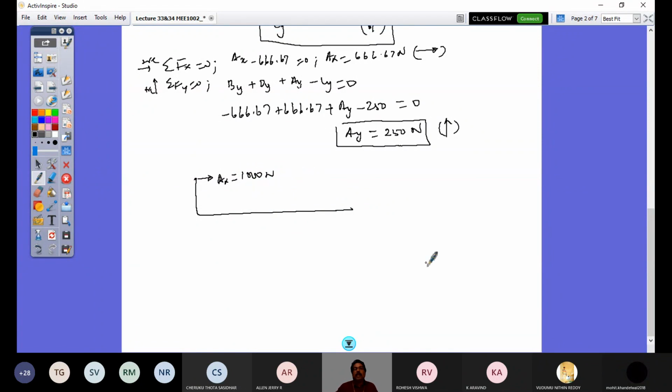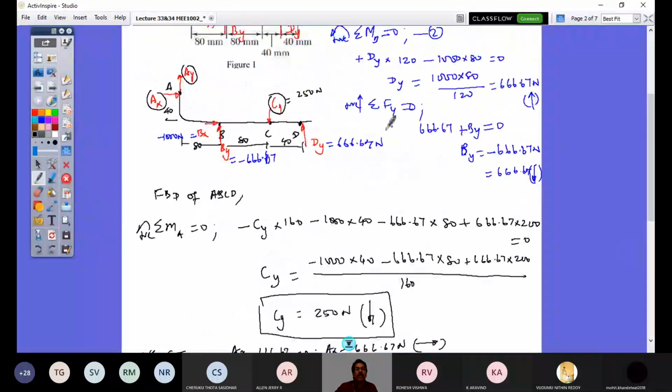So how do you get Ax? Ax is 1000 Newton. Bx is 1000 Newton, right? Bx is 1000 Newton we have got here.